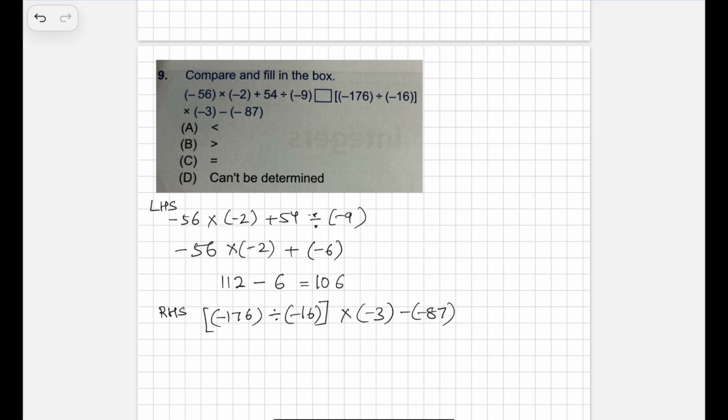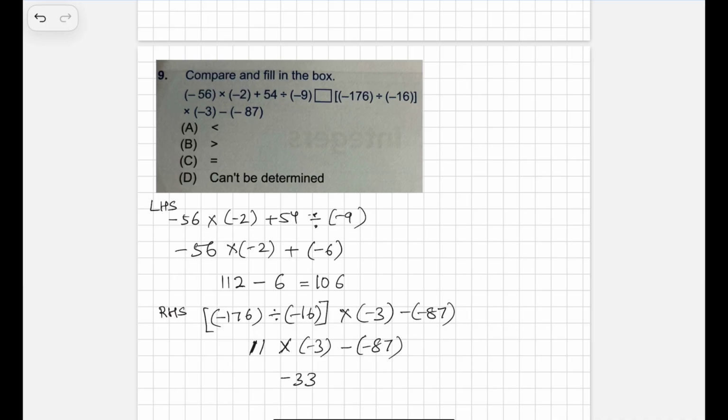Minus and minus becomes plus. 176 by 16 is 11. So this becomes plus 11 into minus 3 minus of minus 87. First you should apply the BODMAS rule. So you have to do the multiplication. Don't do minus 3 minus of minus 87 first. Okay. So 11 into minus 3 is minus 33.